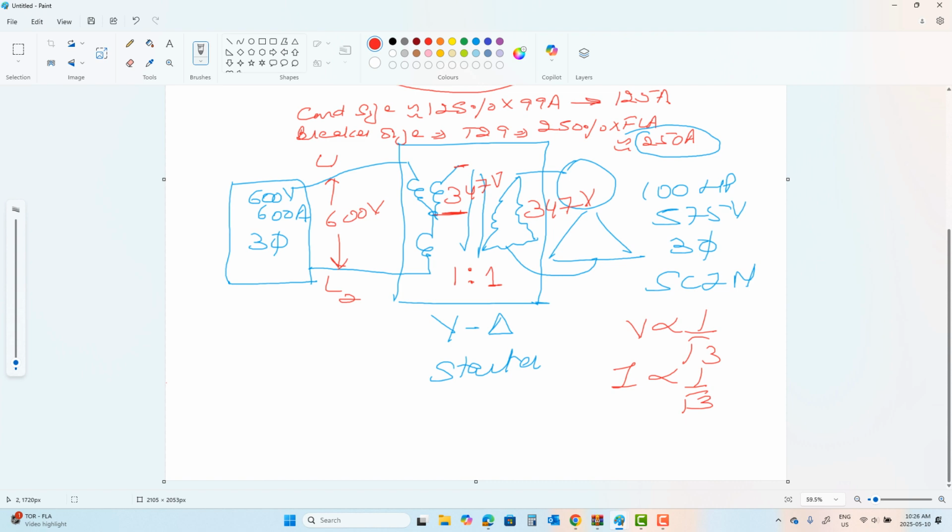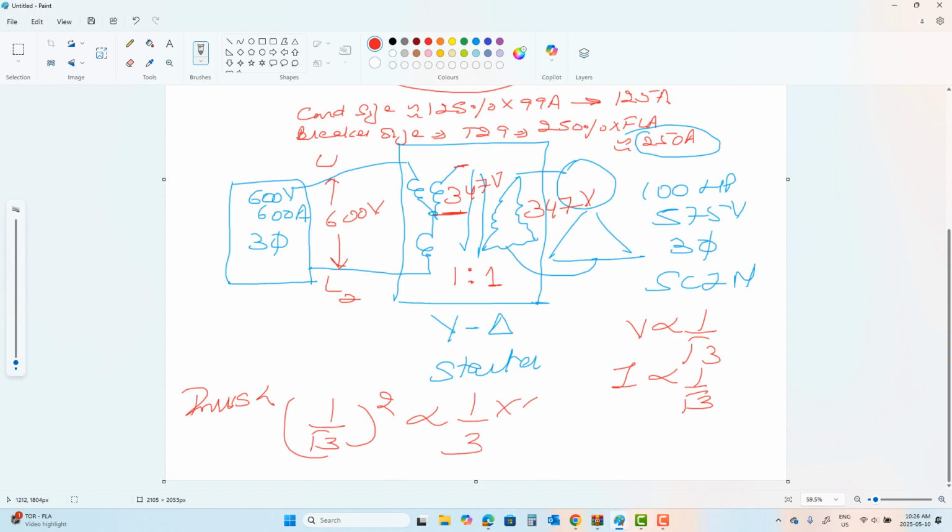Why? Because voltage is halving, current is halving, power will become 1/4. We talked about that on the first day. Same thing here. Inrush will do exactly what power does in a linear circuit, which is 1/√3 squared. So inrush will go down like power by a factor of 1/3.